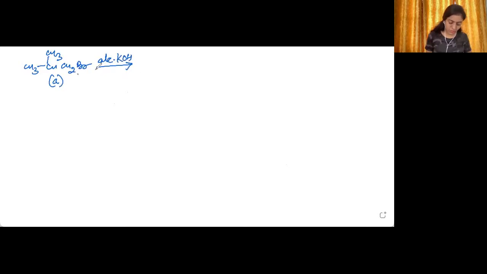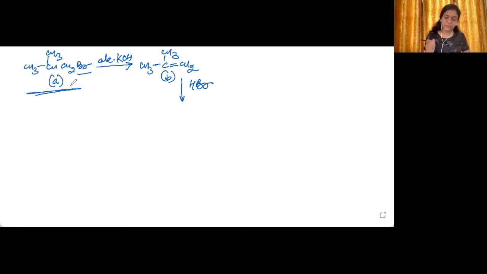So it will lead to the formation of, now it is alcoholic KOH, we have already done that, it leads to dehydrohalogenation. This compound will be formed. This is B. Then the next step is when B is reacted with HBr, it gives C, which is an isomer of A.